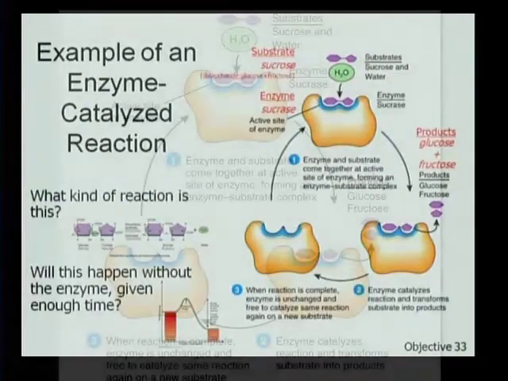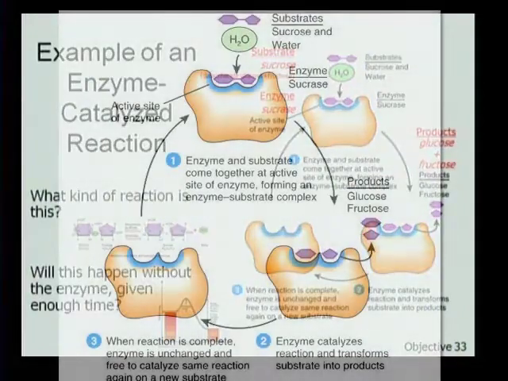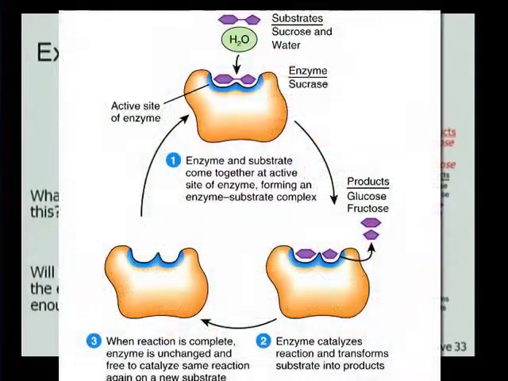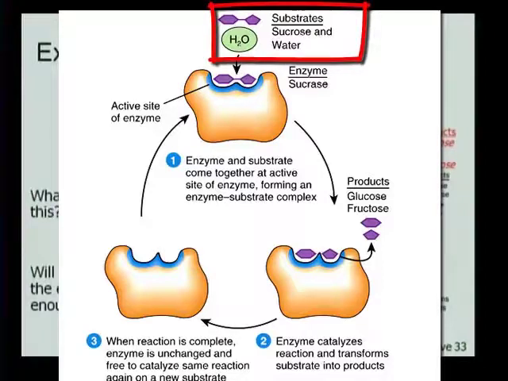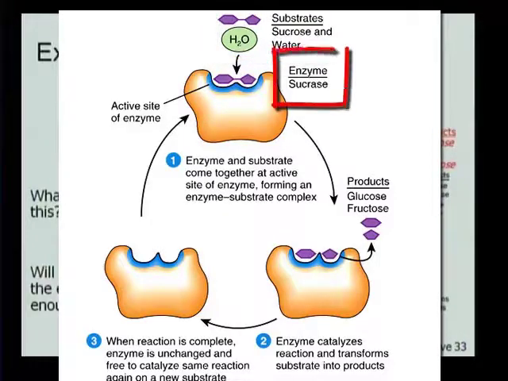So here's a concrete example from your Tortora textbook of an enzyme-catalyzed reaction. This is a kind of reaction that we've seen before. The substrates are sucrose and water. The enzyme which acts on the substrate ends in ase. Remember, the substrate is the front part of the enzyme name, and it always ends in ase.